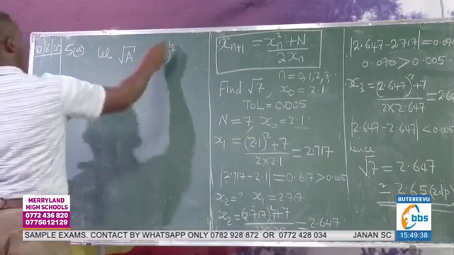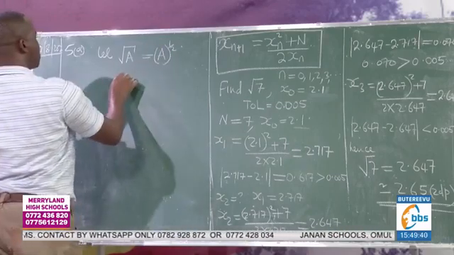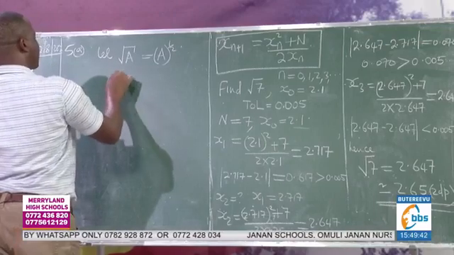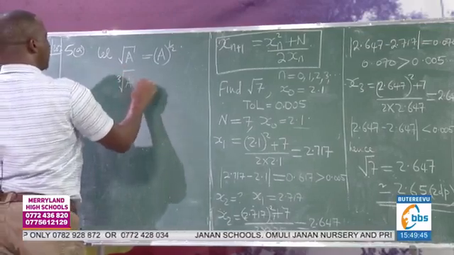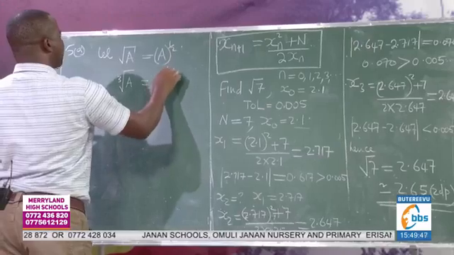If we talk about the cube root, we write it as A to the power of a third.